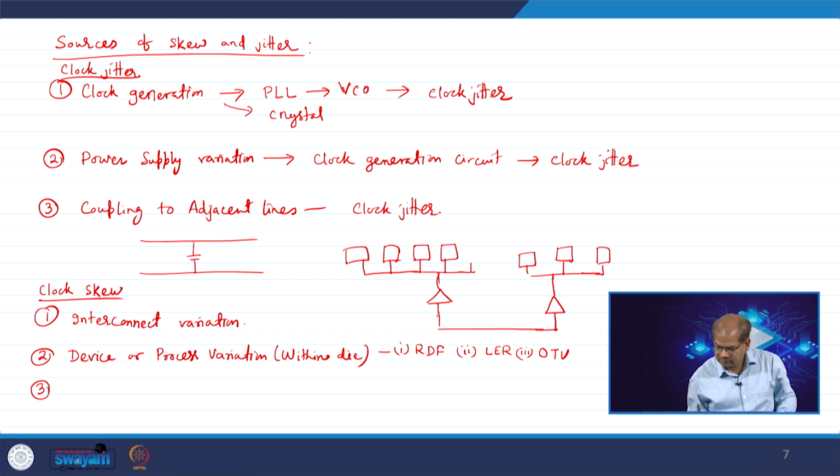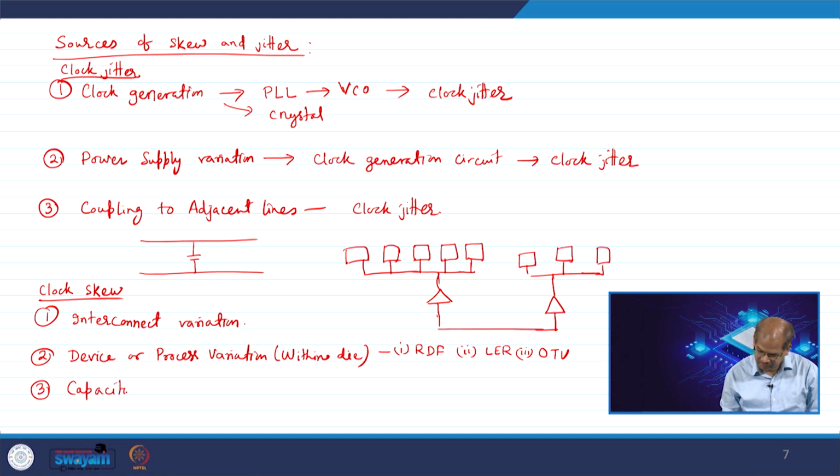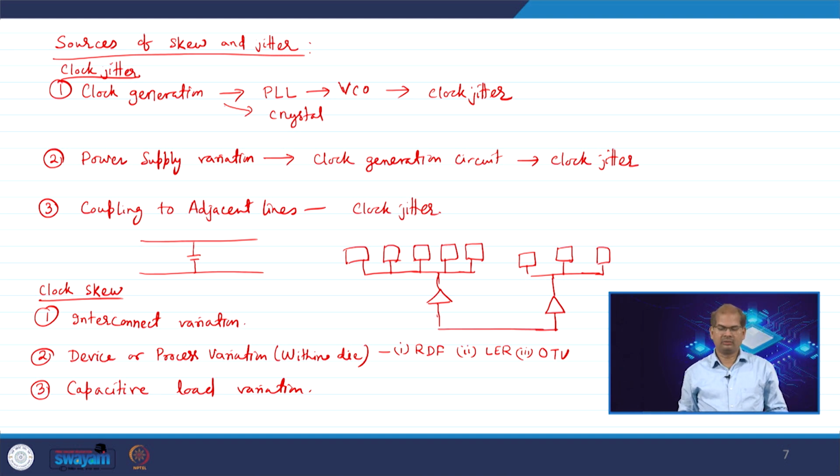Because of the capacitive load, the delay of the path will also vary. So, that is one of the reasons for clock skew, because the delay of the buffer will be different.